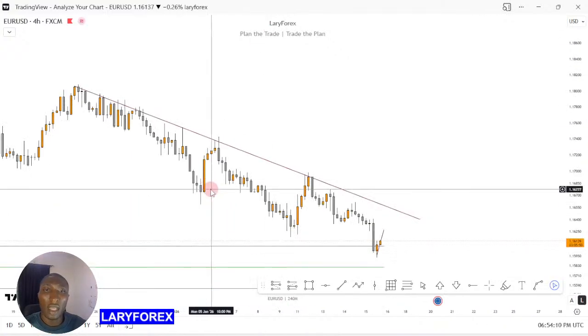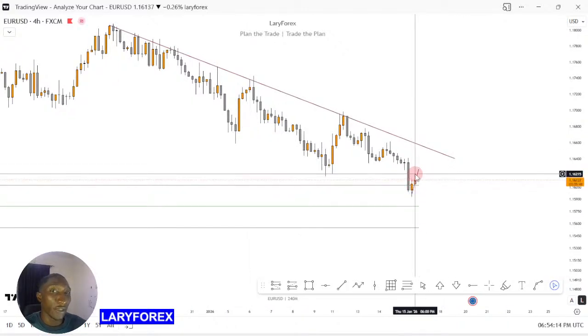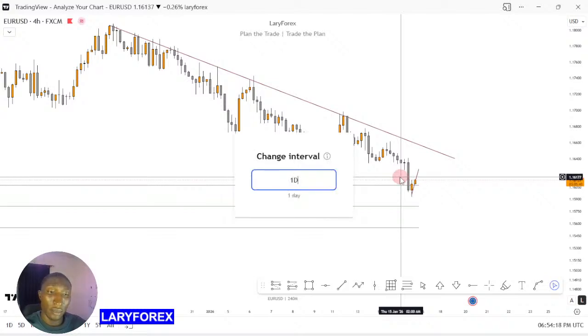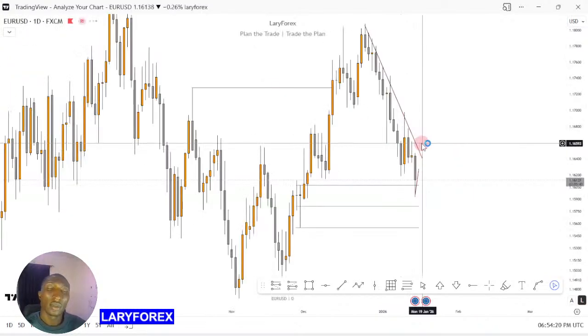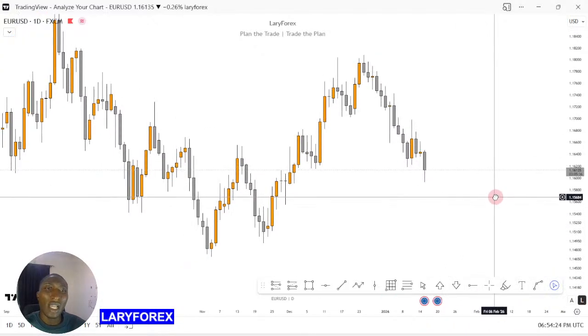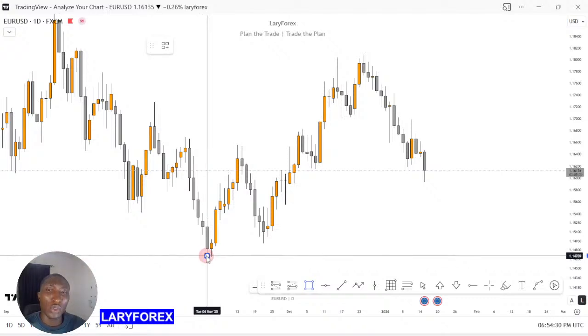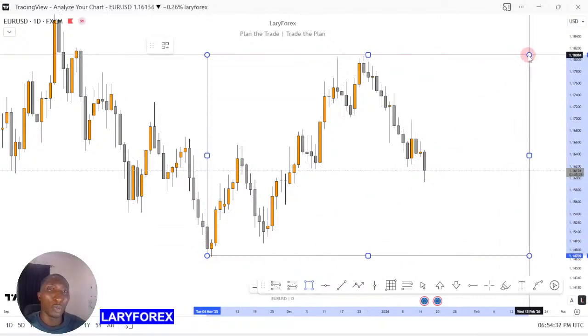All right, so this is it. Now let's go back to our chart. So this is a live chart. Now on our daily time frame, let me delete this. On our daily time frame, if you look clearly, you will see that our daily time frame external structure is from this swing point here to this swing point here.